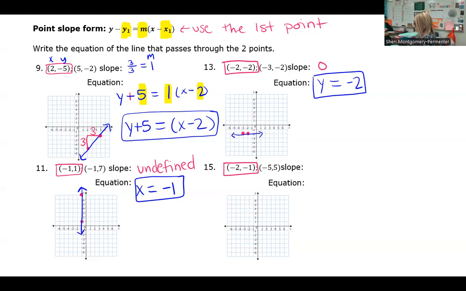Okay, can I get a volunteer to plot the points for me? Those are good points. Can anybody make my line?